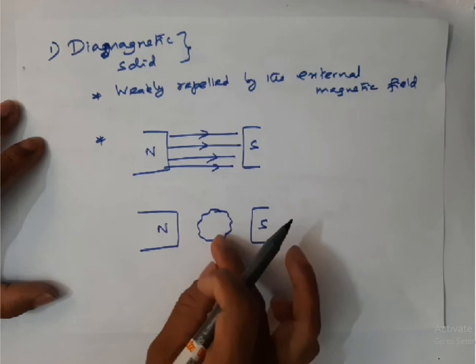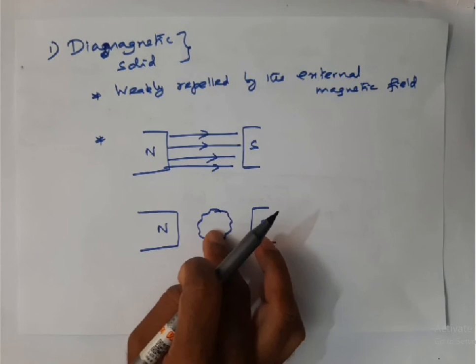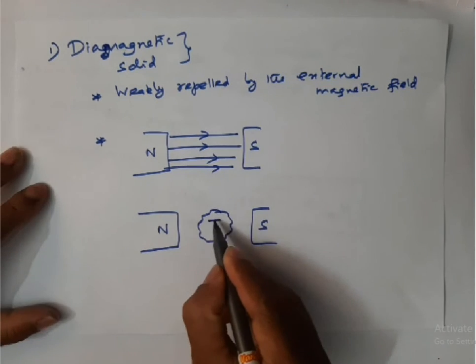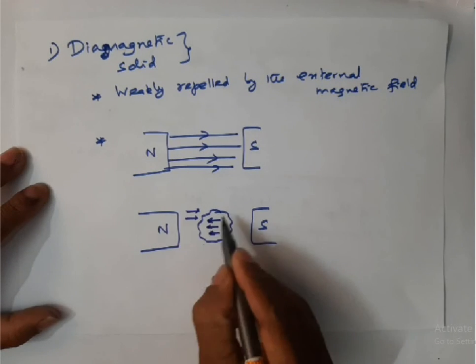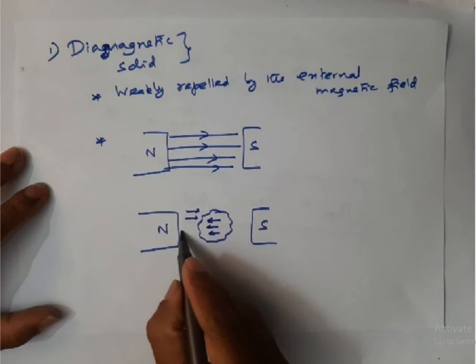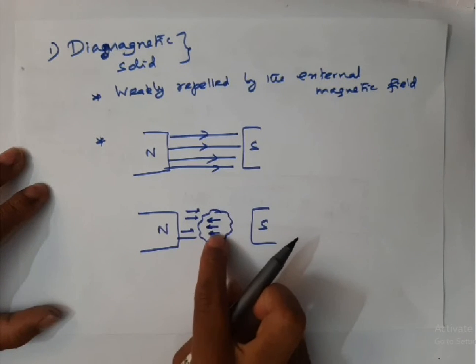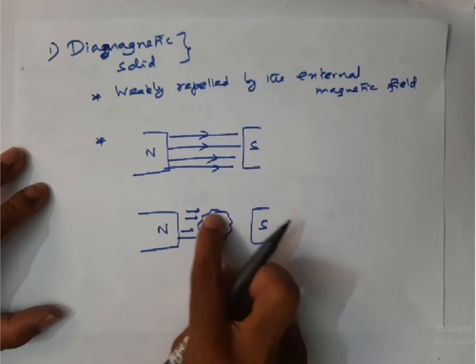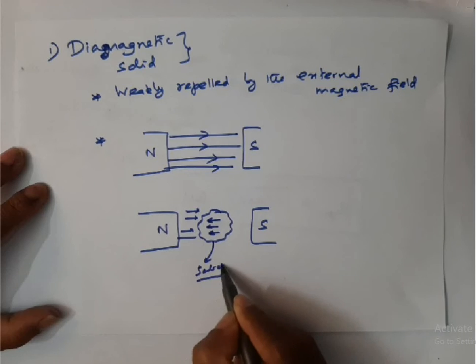When you place the solid in a magnetic field, some magnetic field arises in the solid. Suppose the direction of that magnetic field is exactly opposite to the direction of the external magnetic field. These are the lines of force of the external magnetic field, and now the magnetic field arises in the solid.